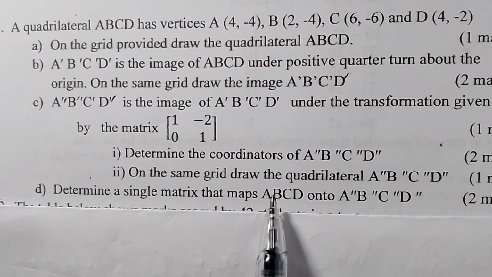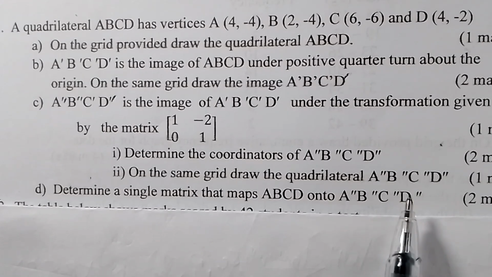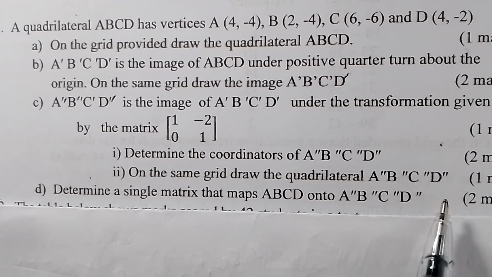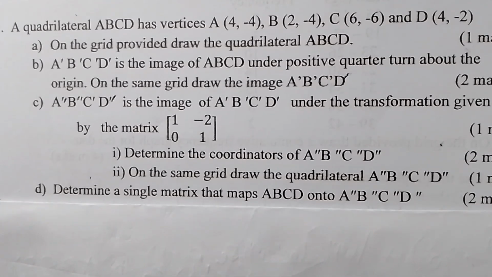On the same grid, draw the quadrilateral A2, B2, C2, D2. And then finally, determine a single matrix that maps ABCD onto A2, B2, C2, D2, 2 marks. So in total, such a question would earn you 10 marks in section B.